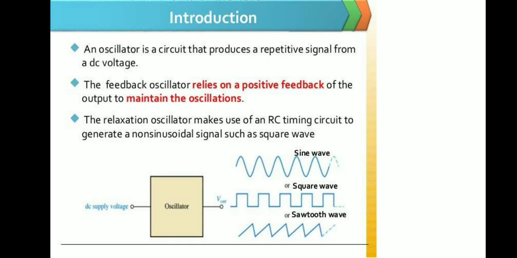An oscillator is a circuit that produces repetitive signals from a DC voltage. Feedback oscillators use positive feedback of the output to maintain the oscillations.